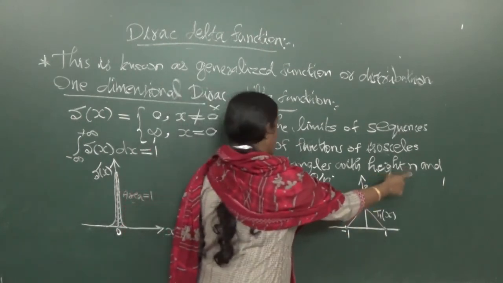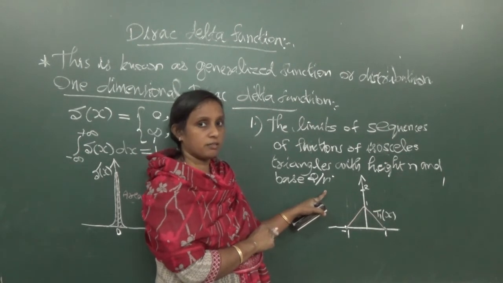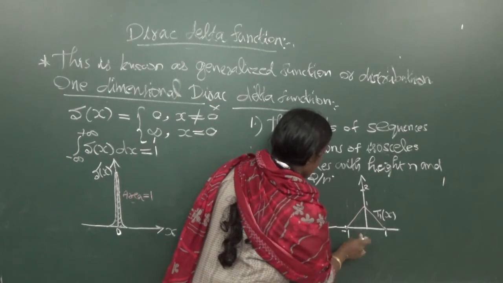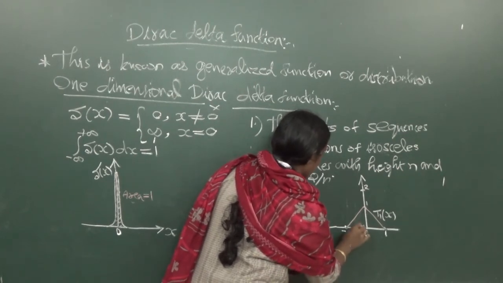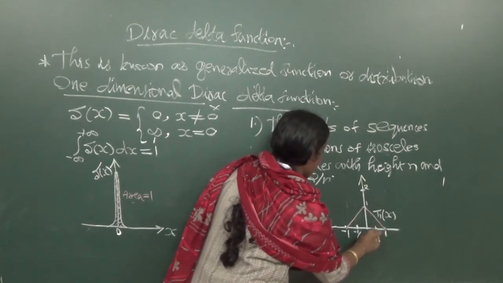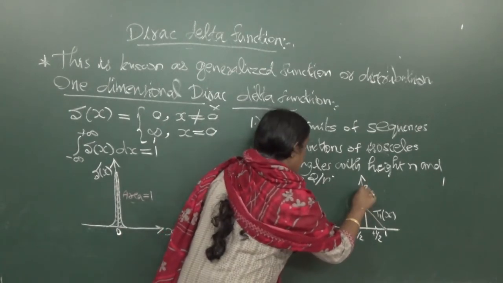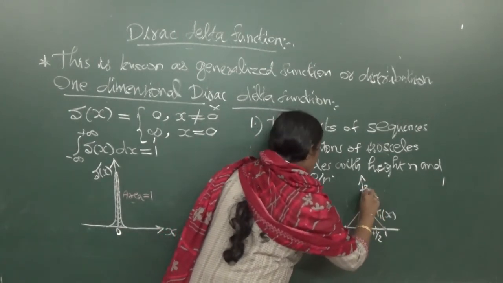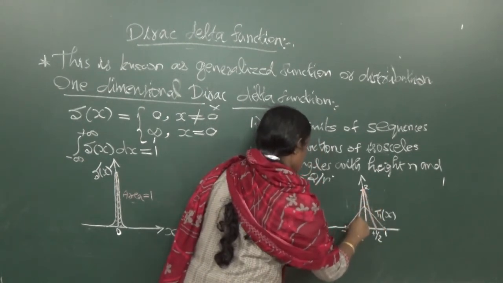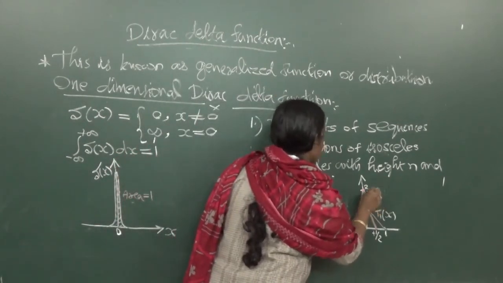The base is 2 by 2, which means 1, so here you have minus half and here plus half, and the isosceles triangle is like this. This is T2 of x.